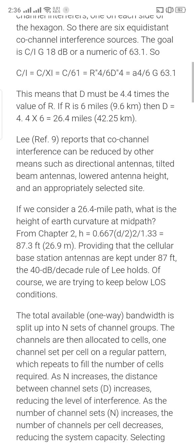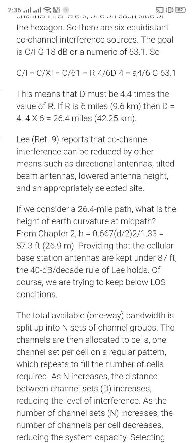The total available bandwidth is split up into n sets of channel groups. The channels are then allocated to cells, one channel set per cell, on a regular pattern which repeats to fill the number of cells required. As n increases, the distance between channel sets D increases, reducing the level of interference.